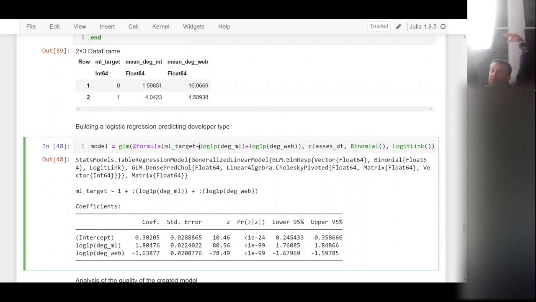So in order to answer this question, we need to think in the following way. If I take a logarithm of, for example, 2 times x, what is the value of logarithm of 2 times x? Yeah, log 2 plus log x.